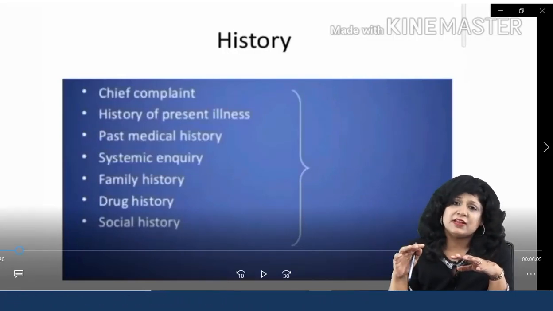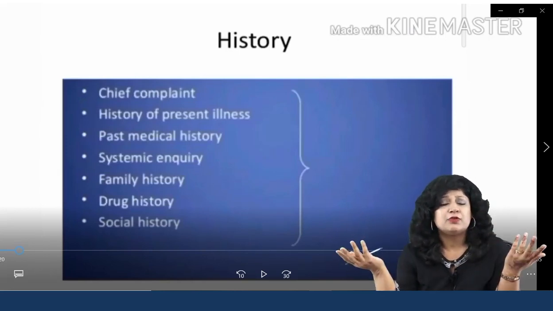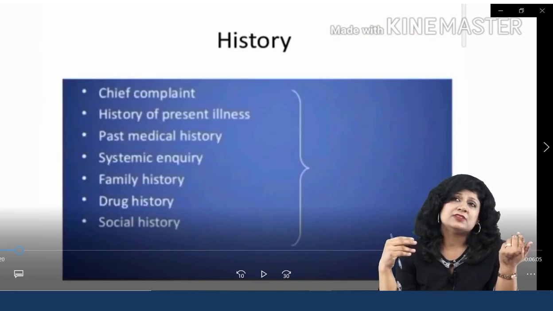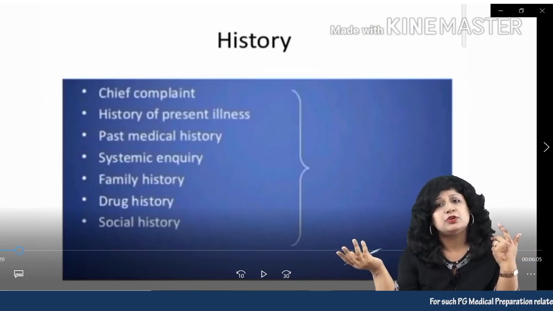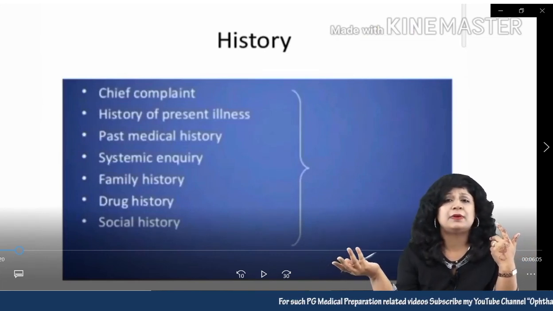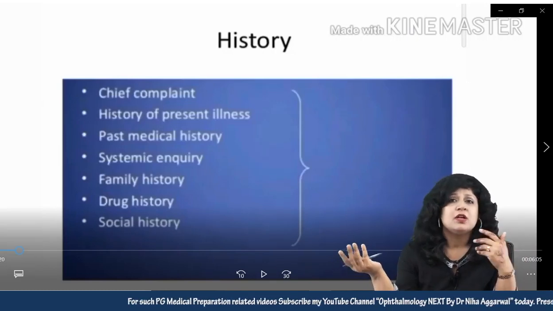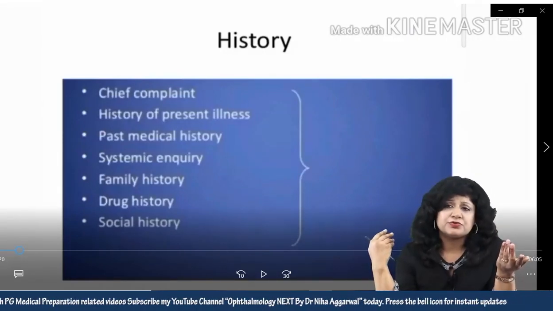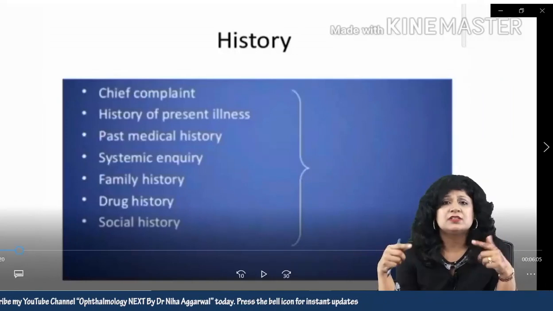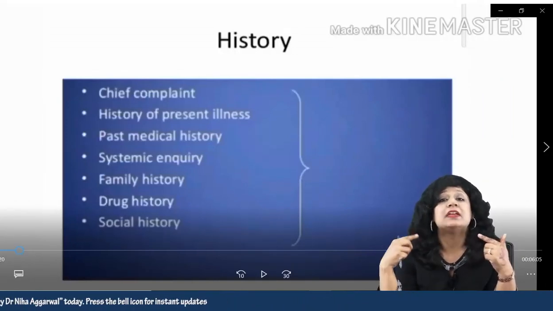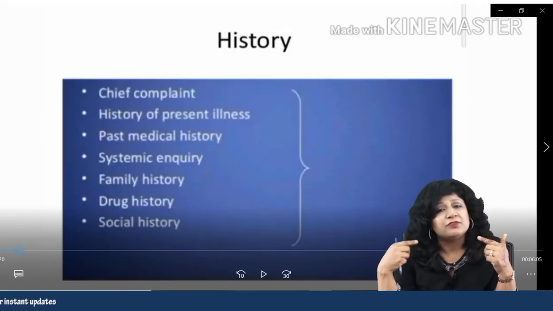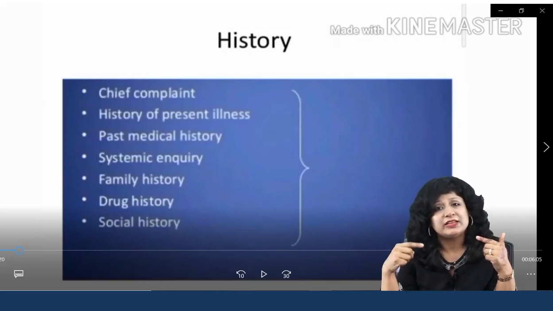Now this is again very important. Don't think that being an ophthalmologist, why should I be concerned about the past medical history if he is operated for appendix, or she is operated for uterus. Everything is interlinked, the person is being treated as a whole. So in one way or the other you should know all these things.